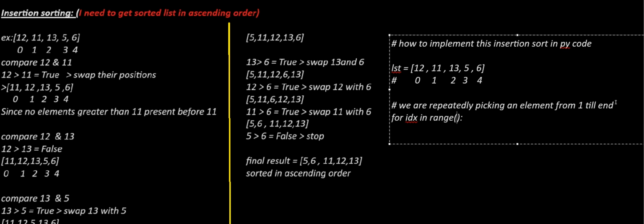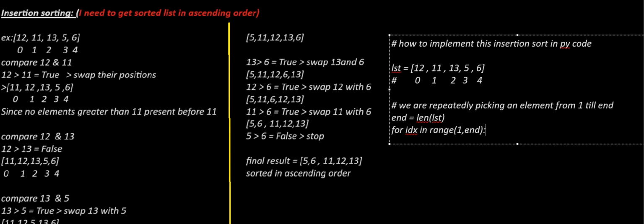So from 1 I need to start and move until the end. If we just say end, our compiler or program executor doesn't know what end is. So we need to declare what end is. That is nothing but the length of whatever list I have.